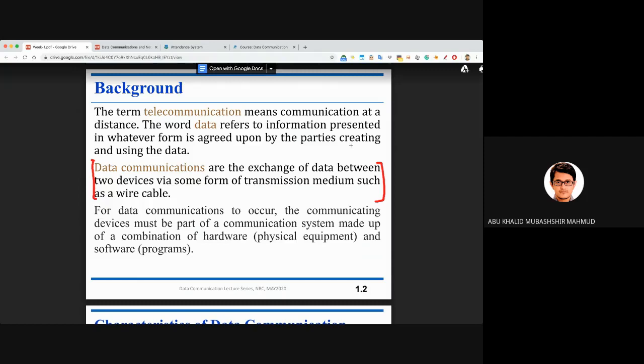Our course is named after this very definition. So we need it for our quiz, for our assignments, for our mid and final. Please memorize this, and if you have any problem memorizing it or understanding this definition, please share with me.